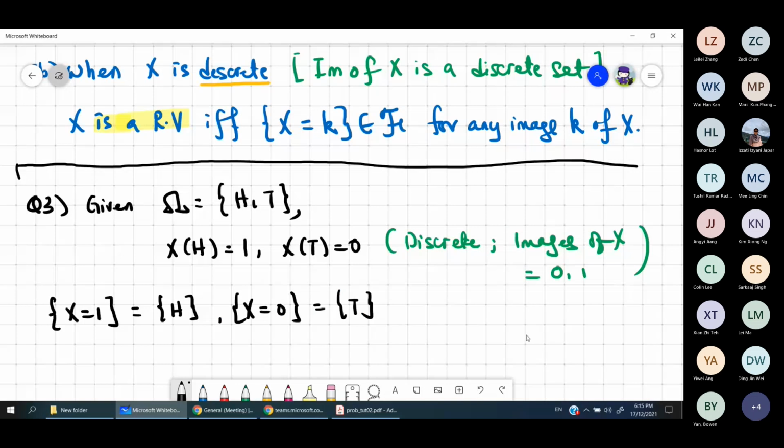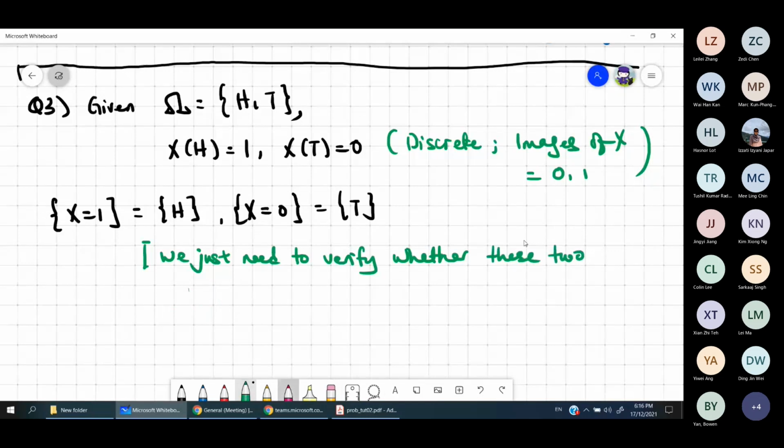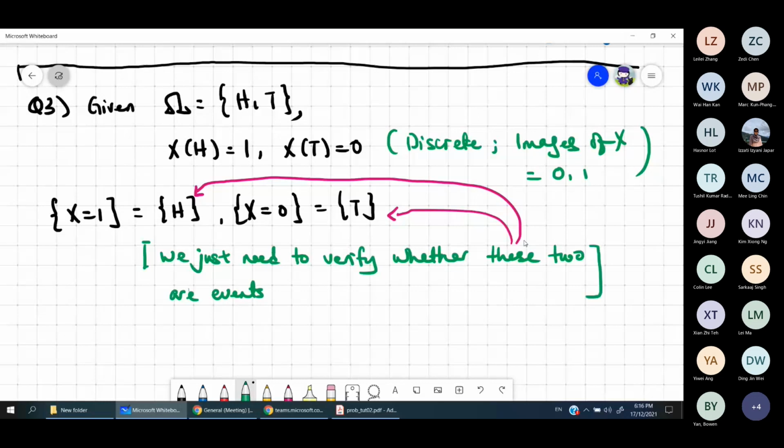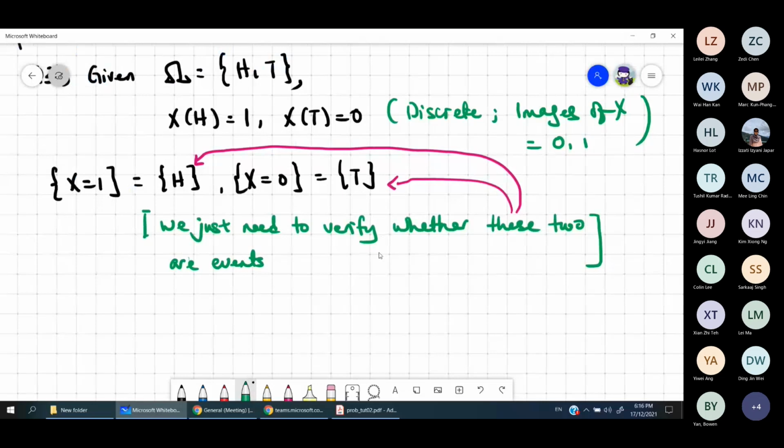Now what we need to do is verify whether these 2 sets, this set and this set, are events or not, which is actually based on this criterion here. So we just need to test for it.